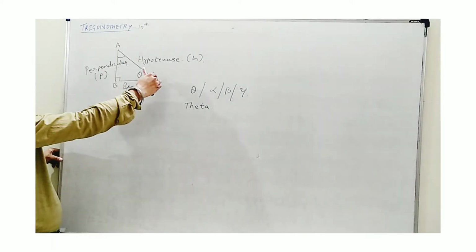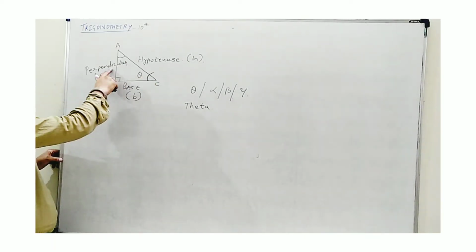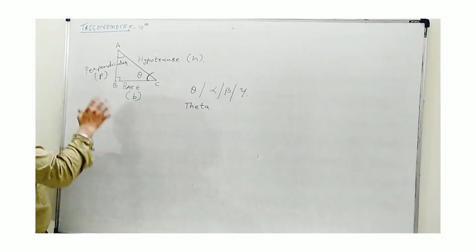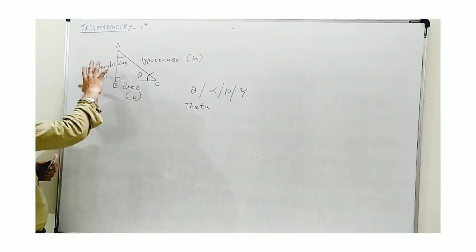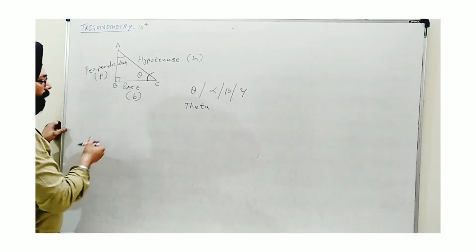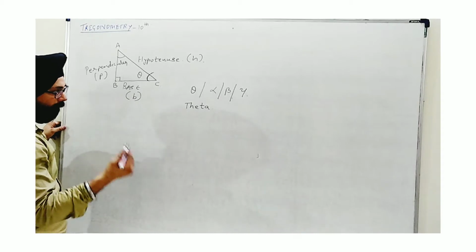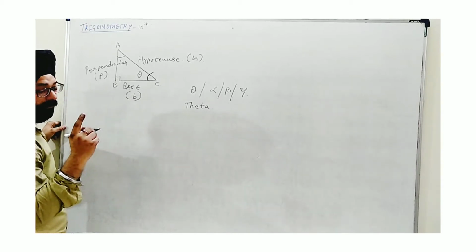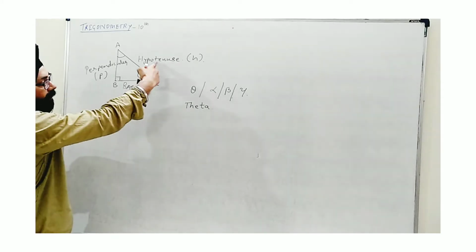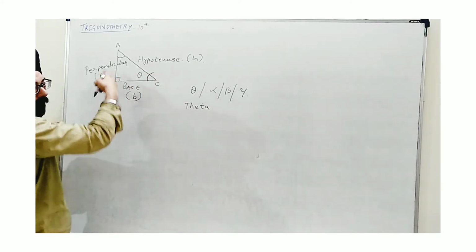Here, hypotenuse is one side, base is another side, perpendicular is the third side. What happens when we write these? We use these three sides in the form of ratios. Then different types of ratios are possible, taking two sides at a time, where H stands for hypotenuse, B for base, and P for perpendicular.